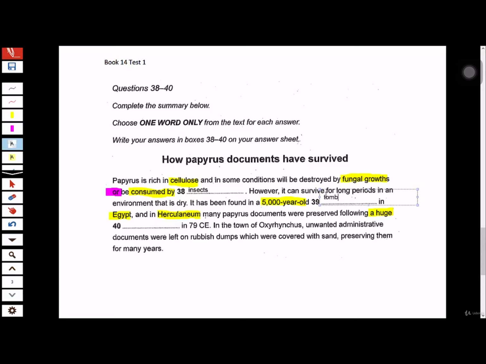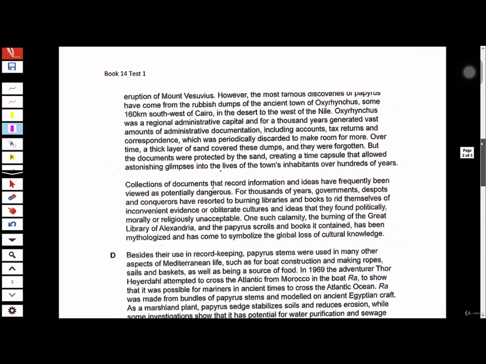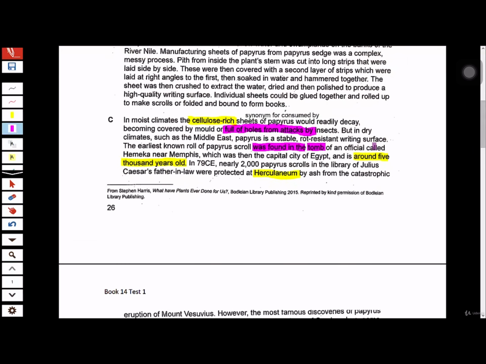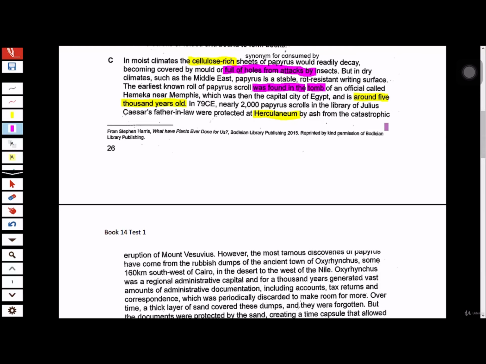T-O-M-B. And now in Herculaneum, many papyrus documents were preserved by following a huge. So when I go to that sentence and search through it, I'm looking for something connected to huge, right? And here it is right here.